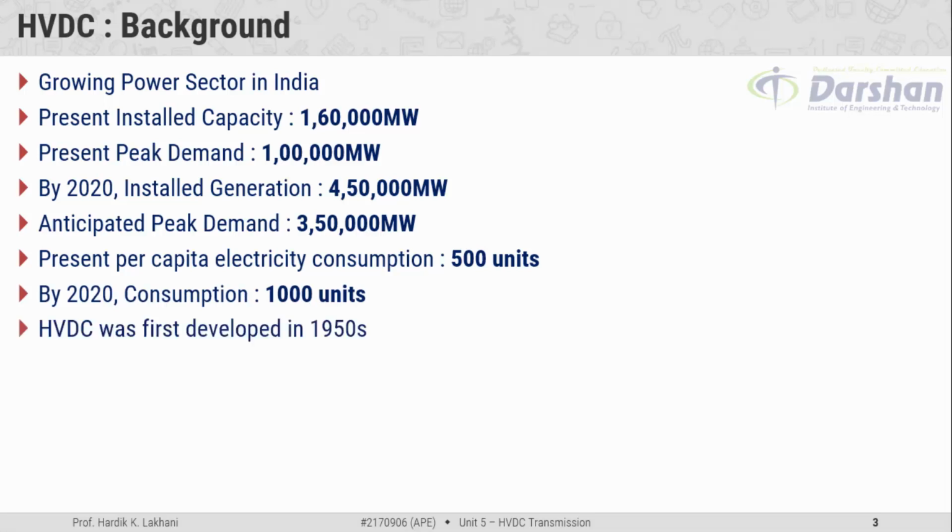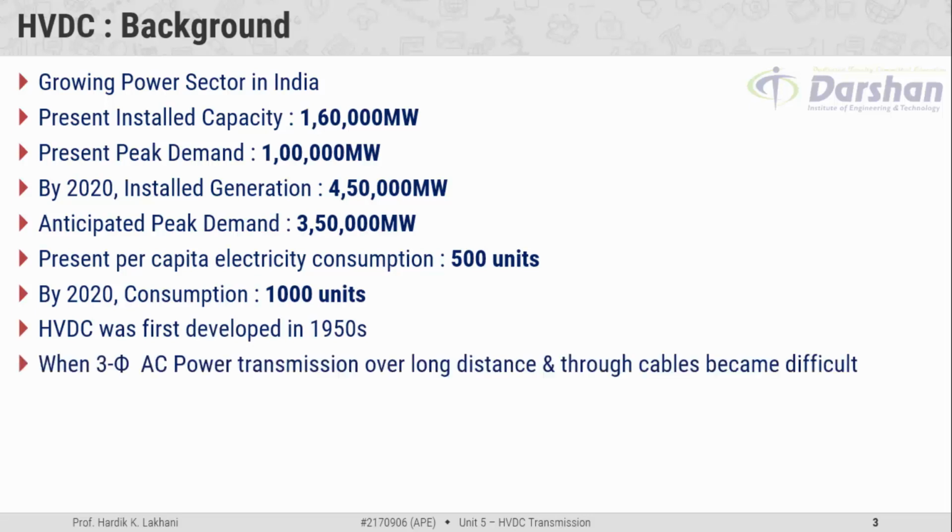HVDC was first developed in 1950s when three-phase AC power transmission over long distance and through cables became difficult. At that time, HVDC was more preferred compared to HVAC transmission concept.